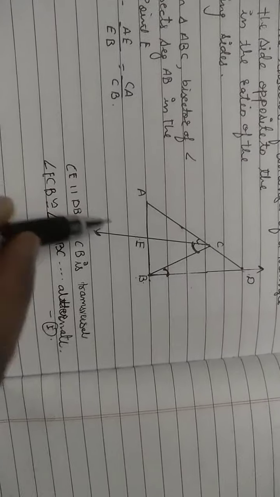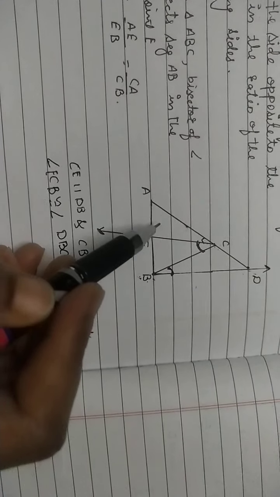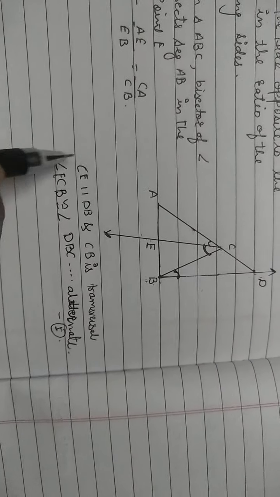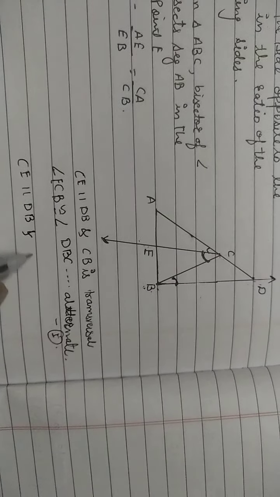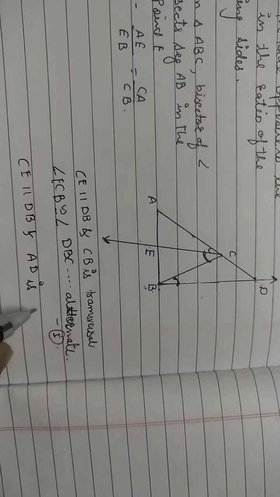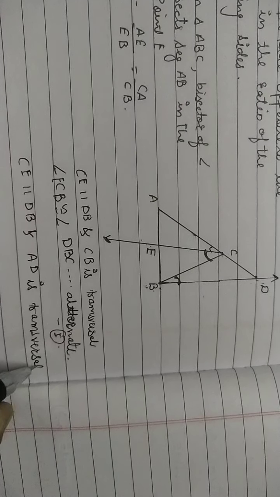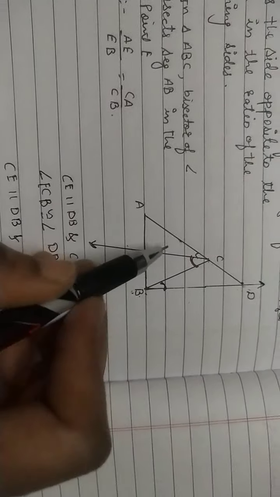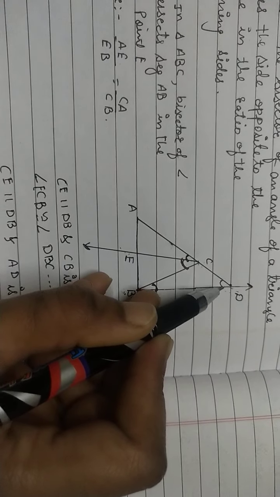Again, CE is parallel to DB and AD is the transversal. So this angle and this angle will be equal.